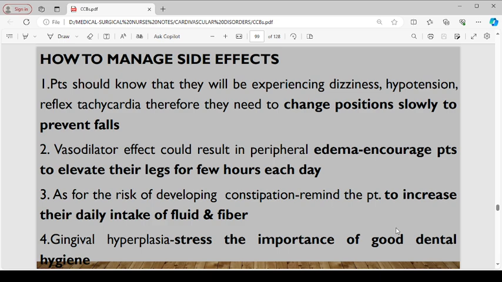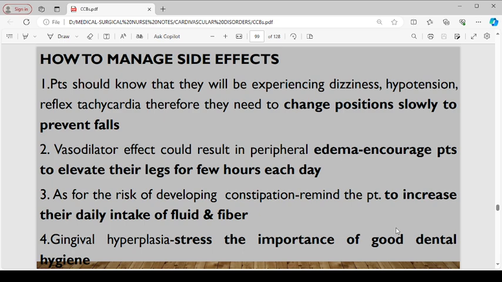They should be told to change position slowly to prevent falls and orthostatic hypotension, okay. Number two is that the vasodilatory effect of this drug could also result in peripheral edema, which is a major concern in these patients, all right? So you have to encourage the patient to keep on elevating their legs for a few hours each day.